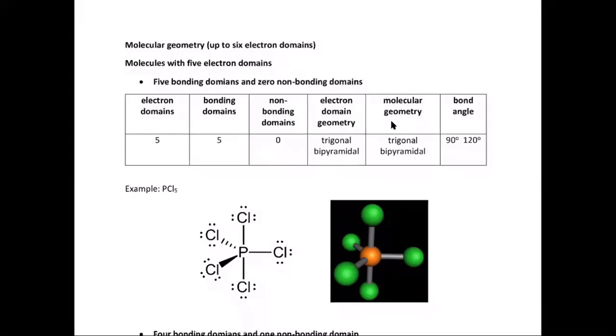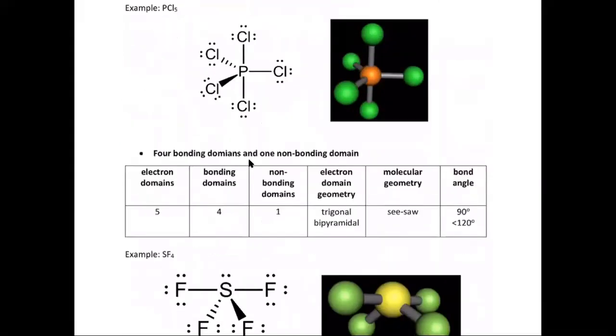There's just a lot of information on here, so what you need to pay attention to is the number of electron domains. So this first column tells you the electron domain geometry. If you notice as I go down here, like the next section, there are still 5 electron domains, so it's still considered trigonal bipyramidal for the electron domain geometry.